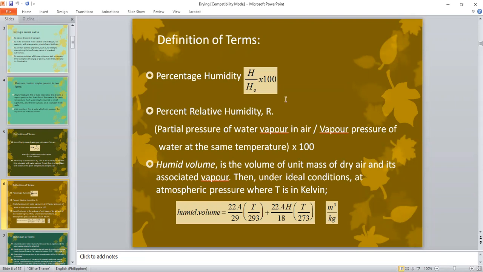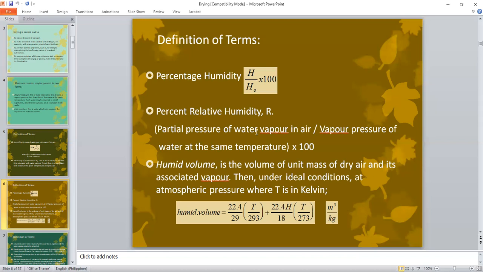So partial pressure divided by vapor pressure, they are two different things: the partial pressure of water vapor, and the vapor pressure of water given the temperature at that condition. So that's your percent relative humidity, which is H sub R.